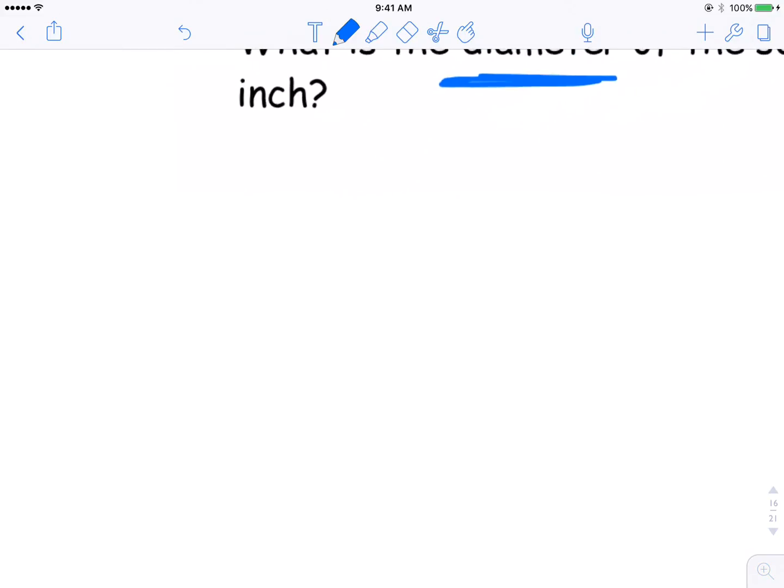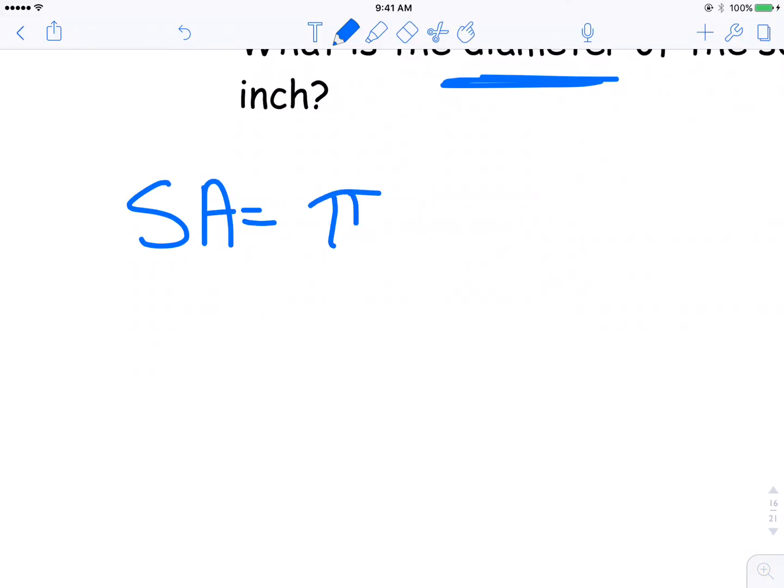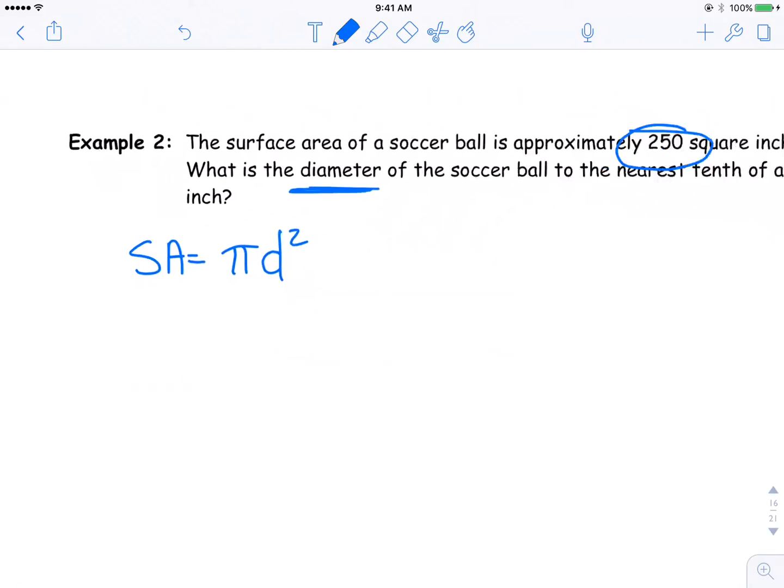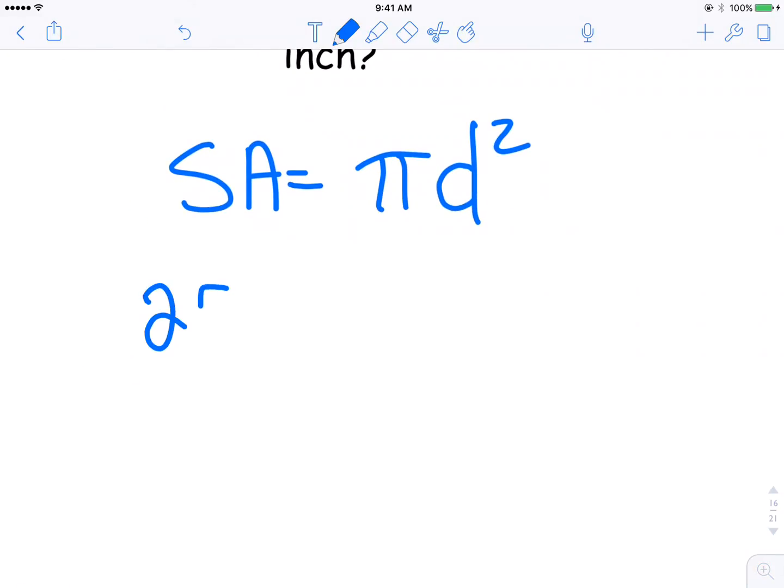I know that's where I need to start because I'm talking about surface area of a sphere. What's my surface area? Well, my surface area is 250. 250 equals pi times diameter squared. I'm looking for diameter, so that's my only variable.